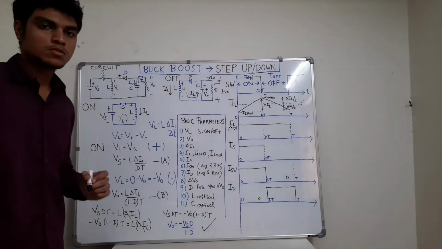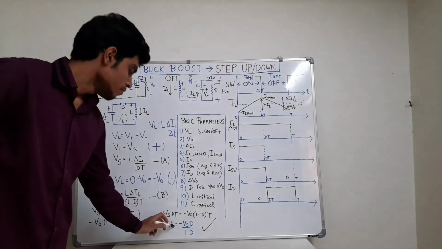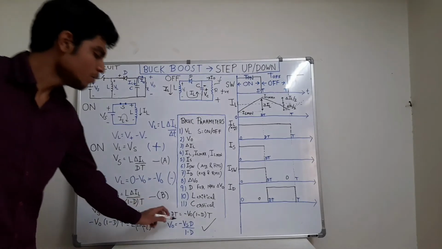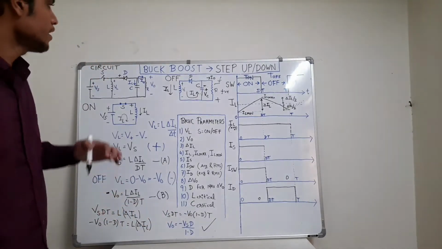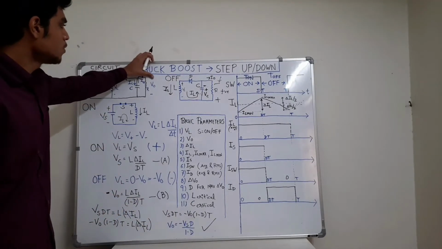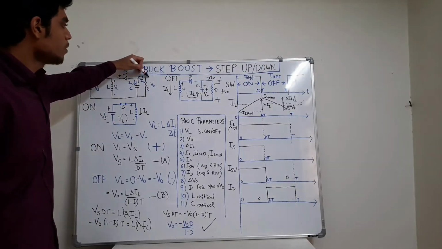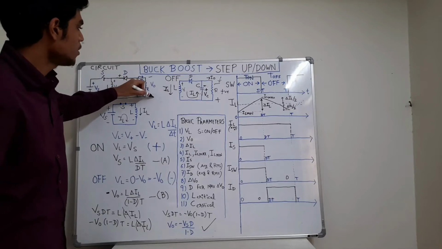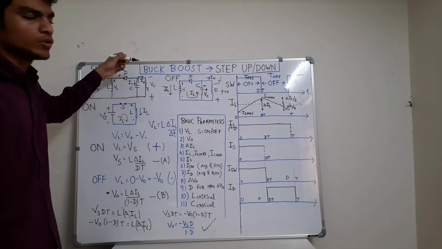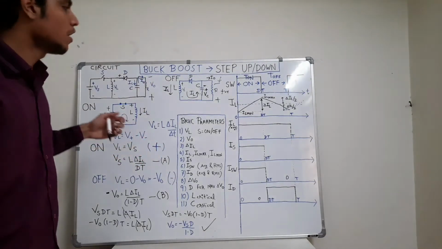The thing to be noted is, first, V0 is negative in nature. What it signifies is, initially we took the V0 polarity like this, plus and minus, but now we understand that the V0 polarity will be like this, opposite to what we assumed earlier.